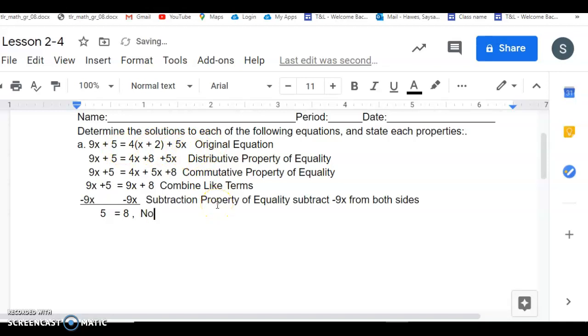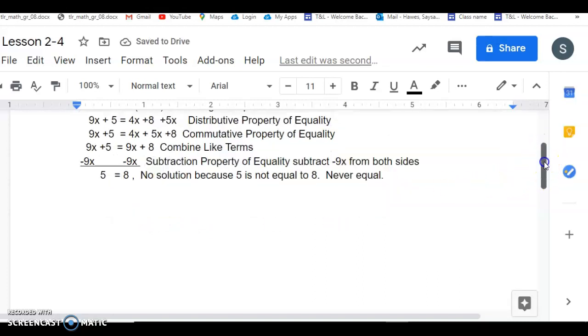So I'm going to put no solution because 5 is not equal to 8. Never, okay? Or you can say 5 never equals 8. So therefore, this equation has no solution. Alright? That's how it is.